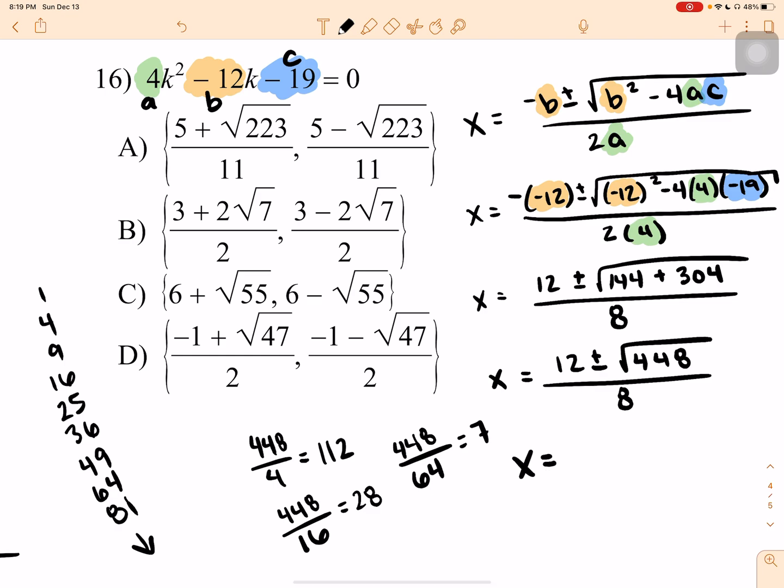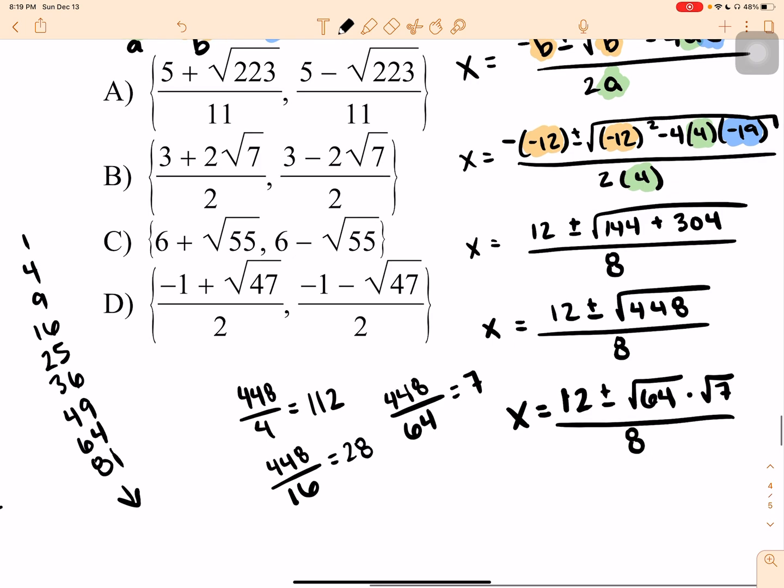This means now I can rewrite x equals 12 plus or minus the square root of 64 times the square root of 7, all over 8. This is going to let me simplify that radical. The square root of 64 is 8, and this is all because 64 times 7 is 448. That's why I could do that.